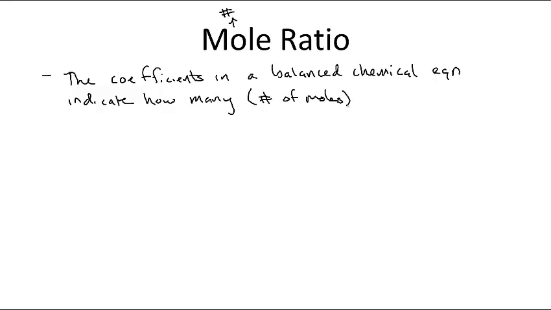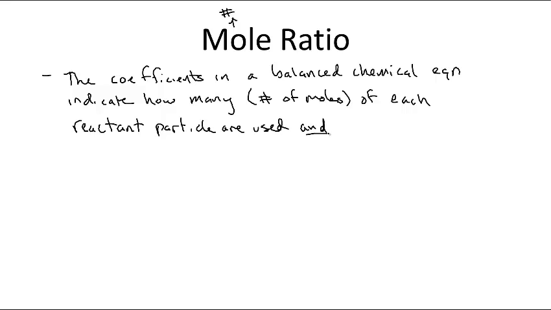The coefficients in a balanced chemical equation indicate how many of each reactant particle are used and how many product particles are made.